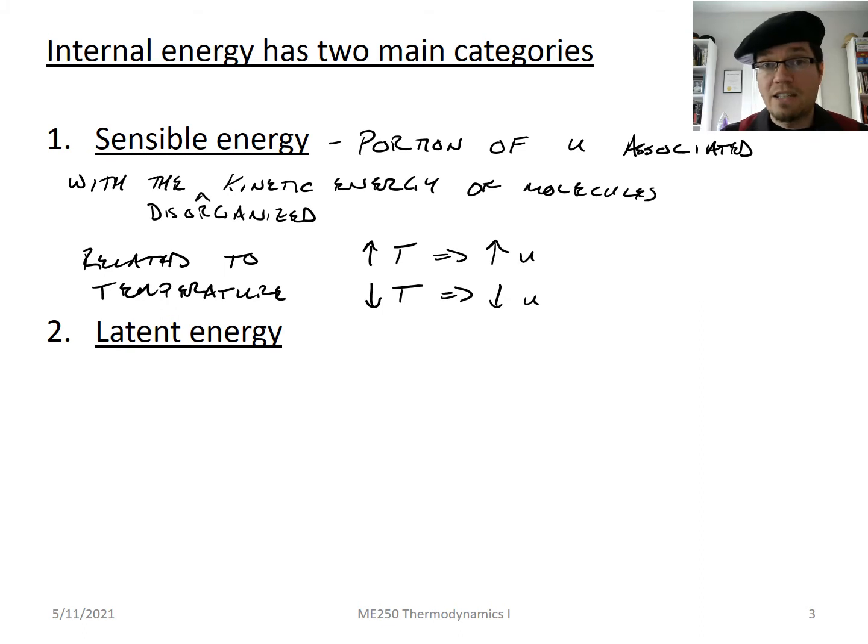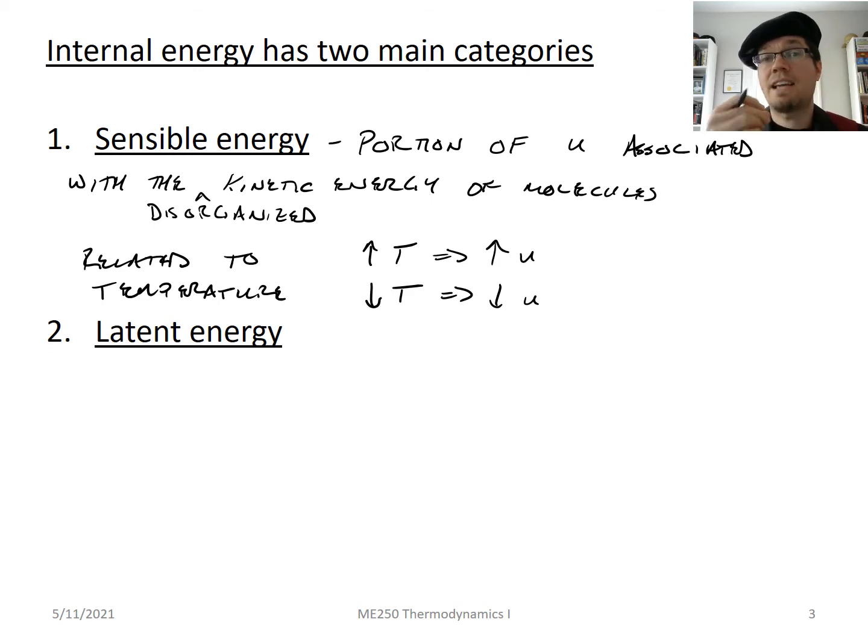That holds for gases, that as temperature goes up, the internal energy goes up. It also holds for liquids, it also holds for solids. But if you stop and think about it for a second, something else happens as you add energy, as you add heat to a solid or a liquid. The solid eventually melts into a liquid. The liquid eventually vaporizes into a gas.